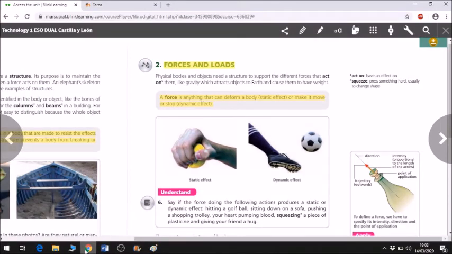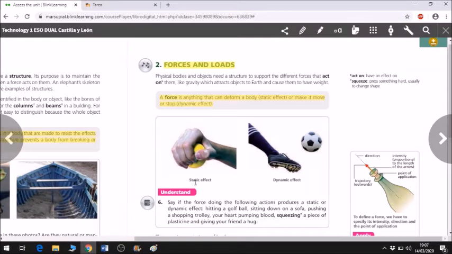Okay, we are going to continue in the second part of the lesson. 2. Forces and loads. A force is anything that can deform a body, static effect, or make it move or stop, dynamic effect.